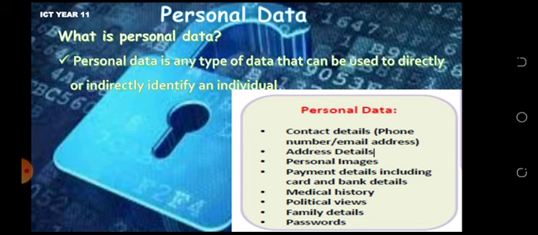The next one is family details. Your family details is also part of your personal data. The last one here on my screen is your password. Your password is personal to you. You must not reveal your password to anybody because it's personal to you.